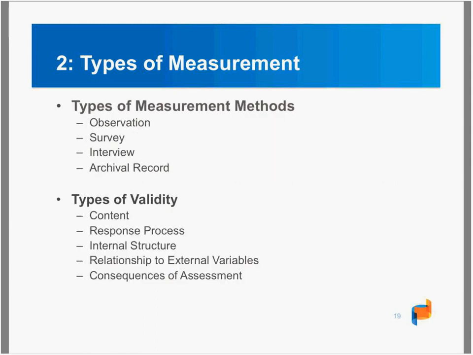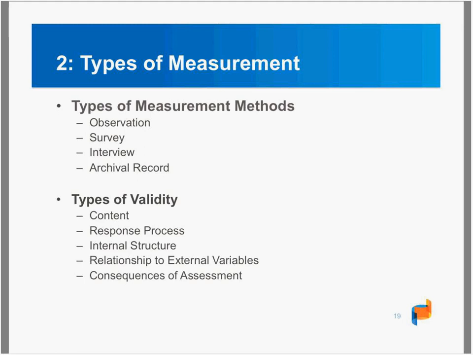The last 2 sections refer to the types of measurement methods. So some are observational tools, protocols, some are survey-based, some are interviews, and some are archival data. So it describes each of these and what are the advantages and disadvantages of each one.